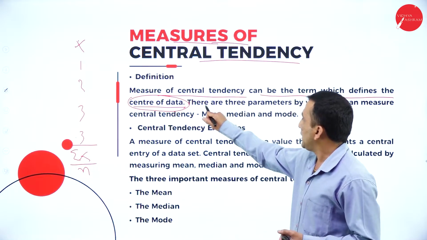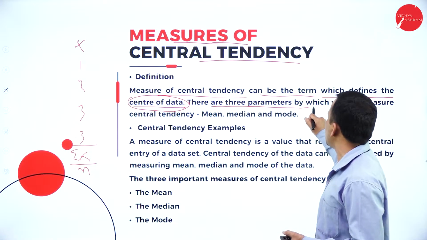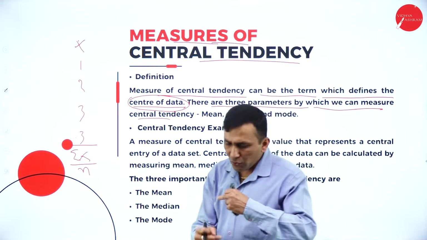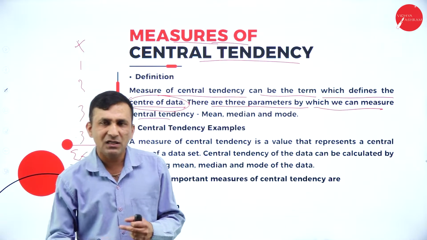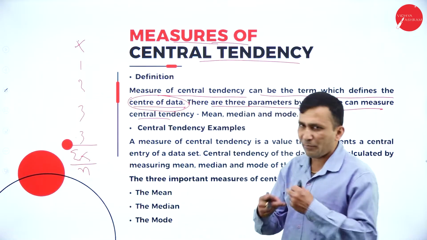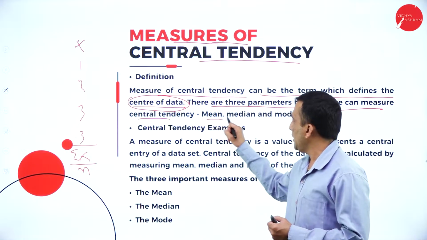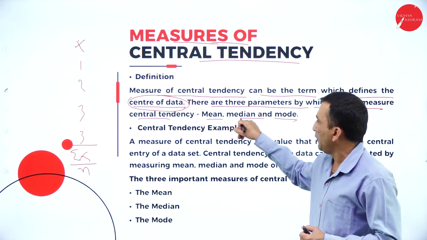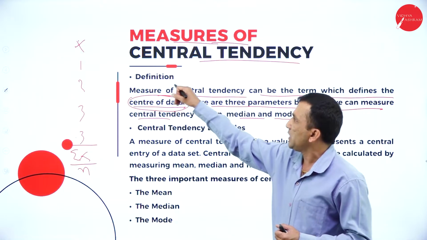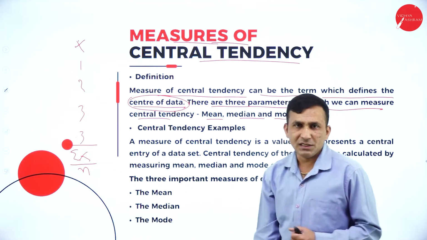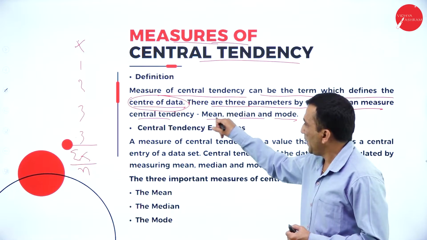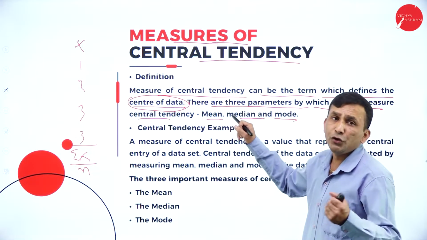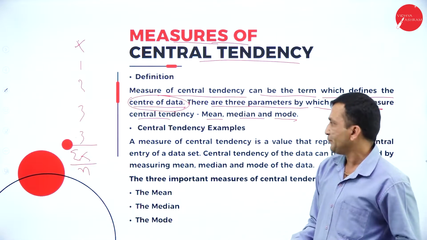Okay, so there are three parameters by which we can measure central tendency. Most commonly businessmen are using, most frequently we are using, mean, median, mode. These come under the measure of central tendency, and we will study each in depth. When we are solving the problems, you will get much more idea.